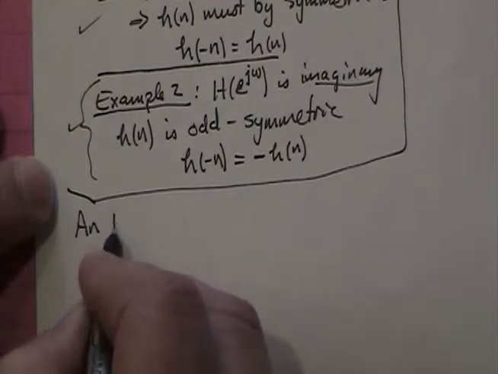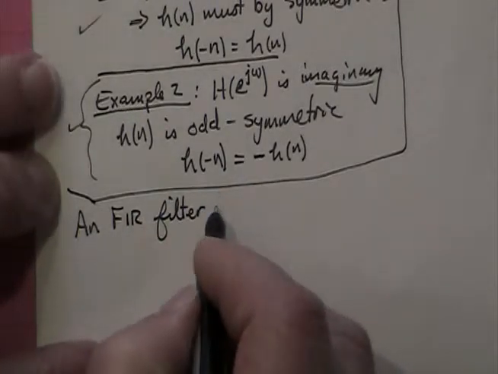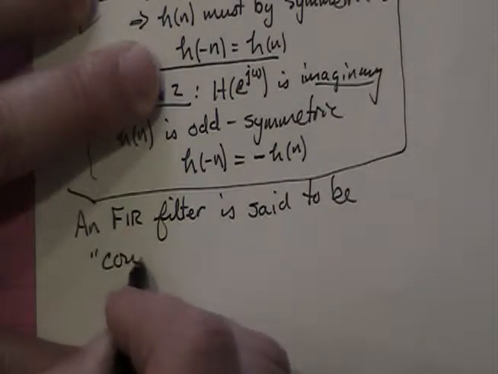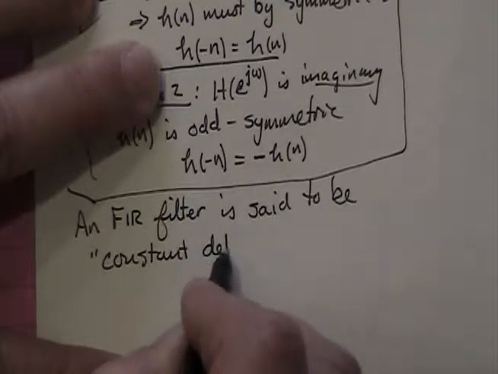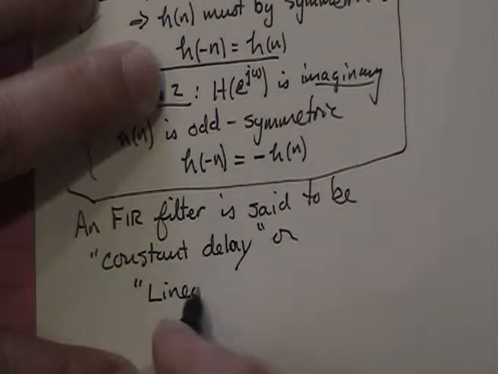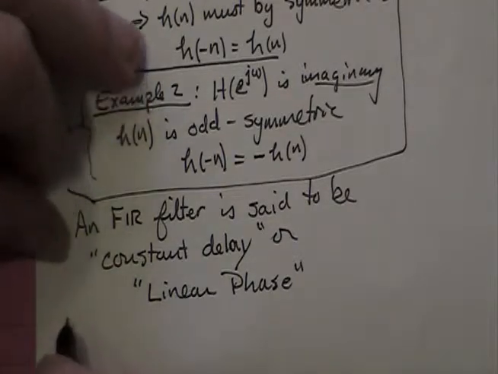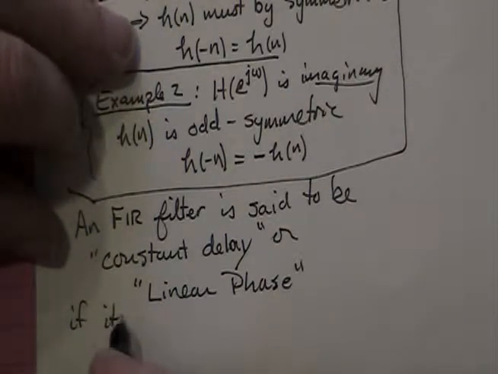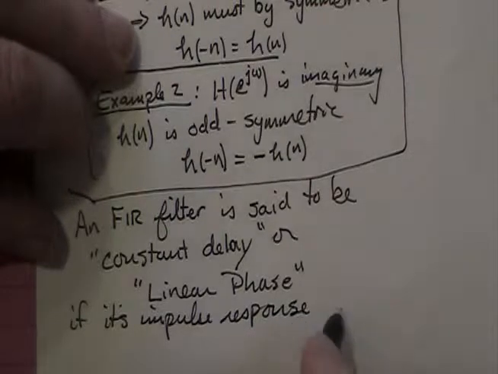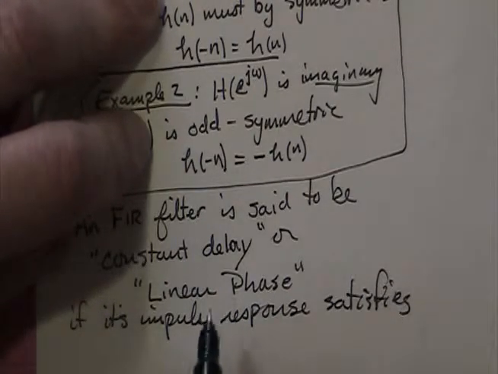So here we're going to say an FIR filter is said to be constant delay, or sometimes you'll say linear phase, if its impulse response satisfies one of the following.